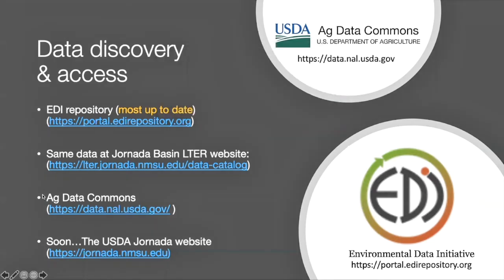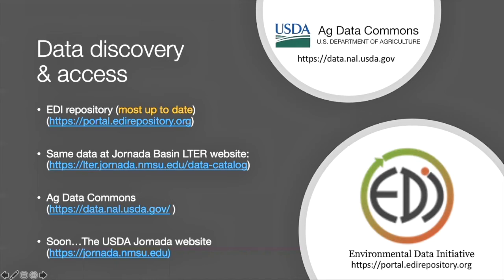The Ag Data Commons, which is a USDA data repository, also holds Jornada data. Unfortunately, much of the data at Ag Data Commons is out of date, and often data packages at Ag Data Commons point back to older data sets on the EDI repository. So again, I recommend searching for data at EDI, either at EDI or using the Jornada LTER website.